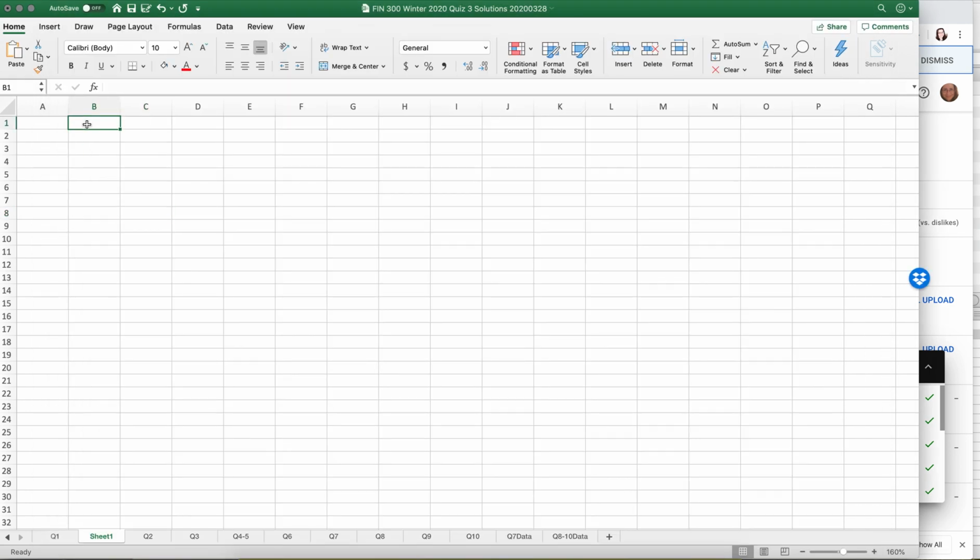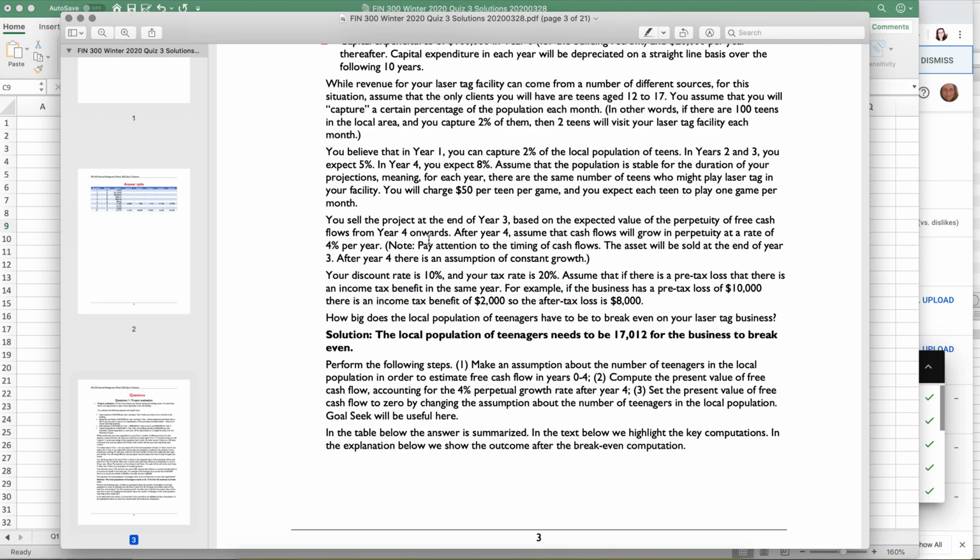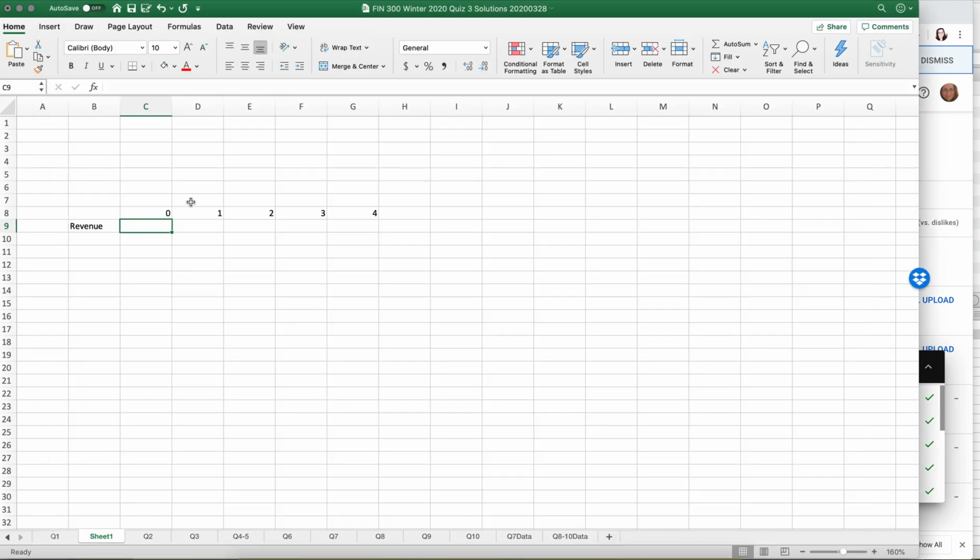Okay, so the first thing that we want to do is try to figure out what the revenue is. And we start from 0, 1, 2, 3, and 4. And we have some assumption about how many teens we have. Let's see. 2%, 5%, 5%, and 8%.